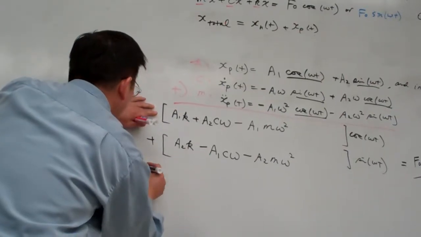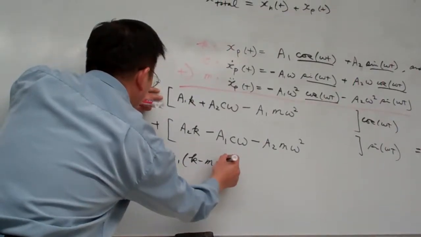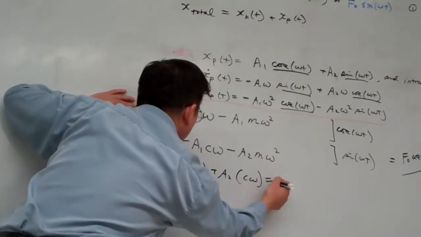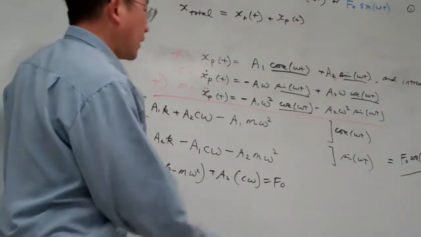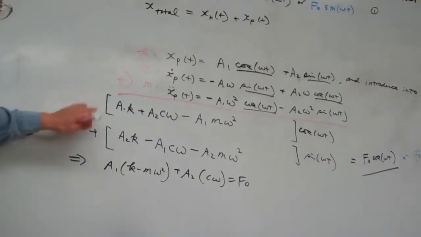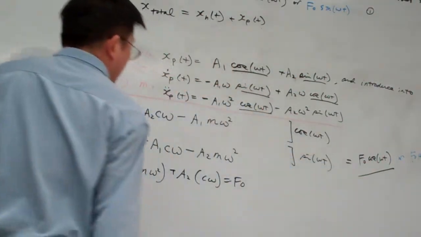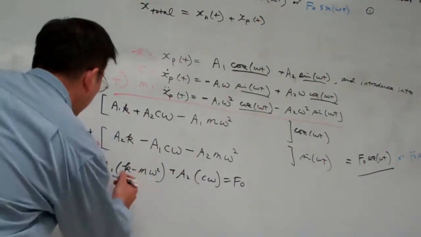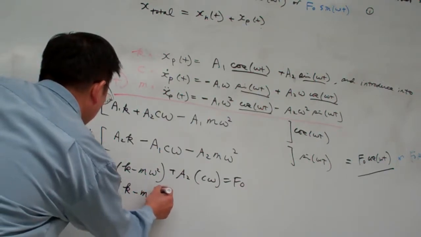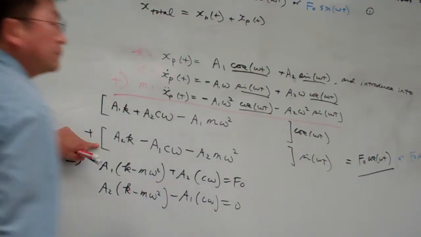So that means A1 (k minus m omega squared) plus A2 times c omega equal to F naught. Right now I'm comparing the one associated with this form. And then for this one, this is a coefficient of sine, and under the cosine, this one will be A2 (k minus m omega squared) minus A1 c omega equal to 0, right?